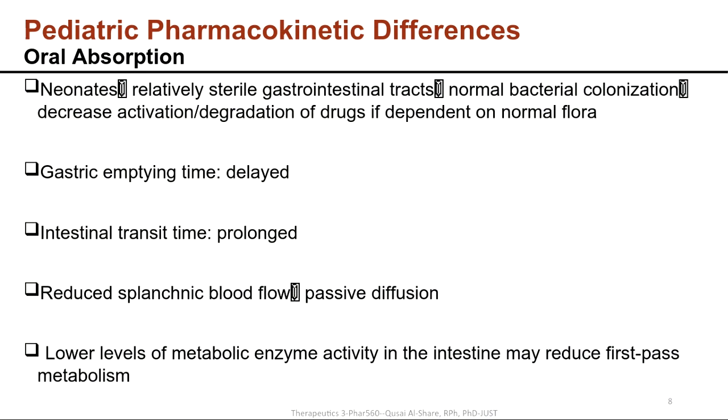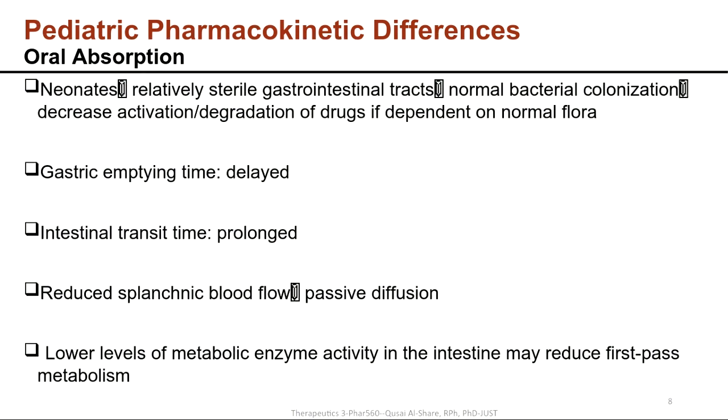But newborns, when they are newly born, have a kind of sterile GI tract. They don't have that normal flora for the early period after birth. So that will affect activation or degradation of certain drugs, if they are dependent, of course, on normal flora.